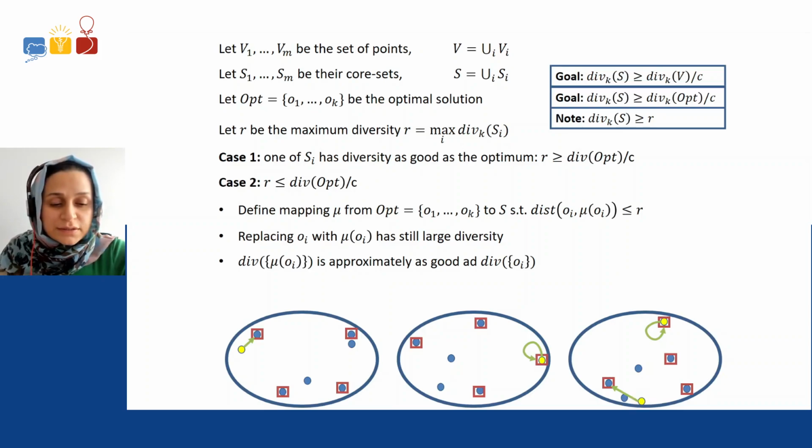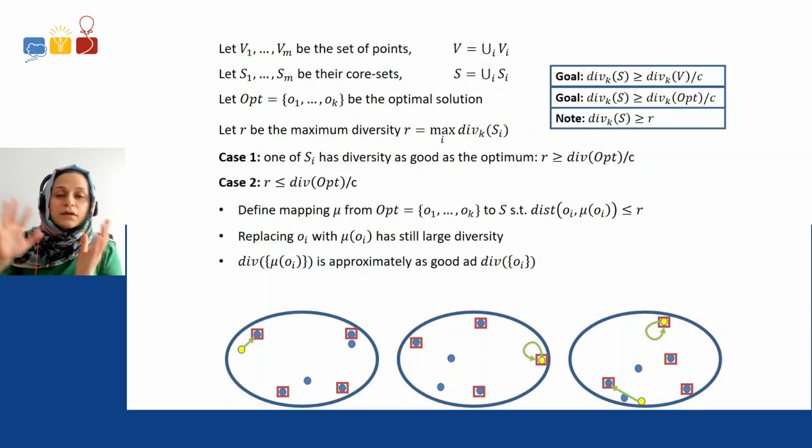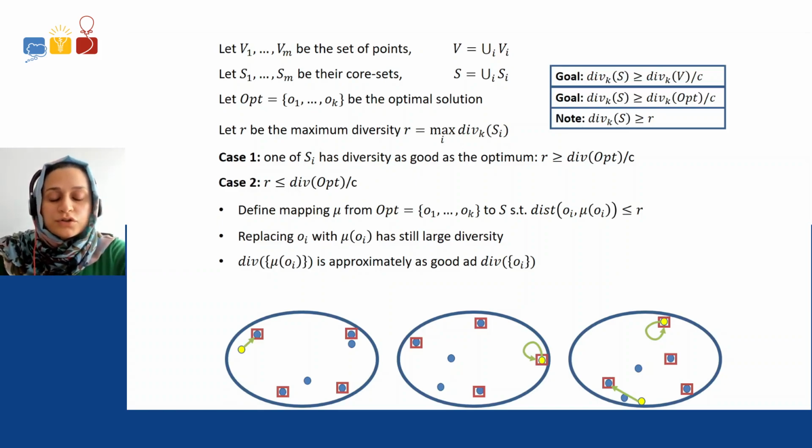So if I replace this yellow point with the red point here, the distance between this yellow point and this red point is not much smaller than the distance between this yellow point and this one. Okay, so replacing each point with its closest point from the coreset cannot reduce the value of the optimal solution by much. So it's still going to be within a factor of, let's say, 3.